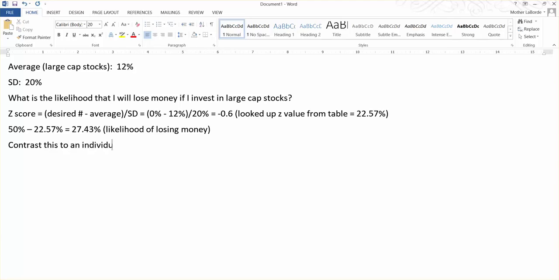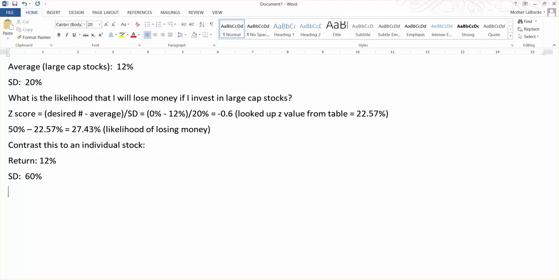Let's say I've got an individual stock like Amazon, and it might have an expected return of 12%. Just like large cap stocks, but individual stocks tend to be far more volatile, which means they have much higher standard deviations. So the standard deviation of Amazon might be 60%.